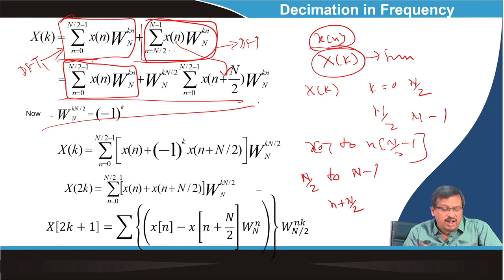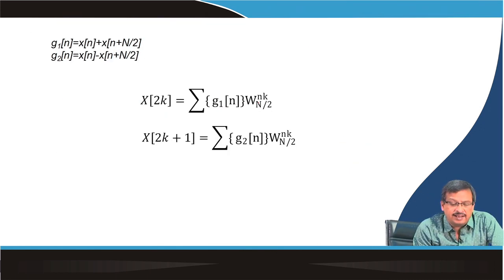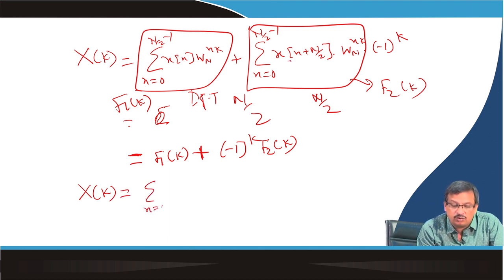Now, if you see, X[k] is equal to these two sums, which are the same. Let us say n equal to 0 to N by 2 minus 1. So, F1[k] and F2[k] are almost the same.